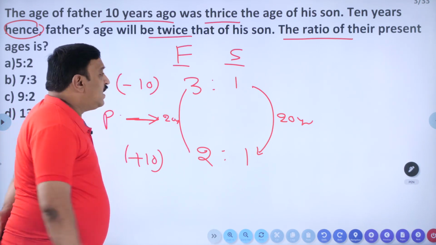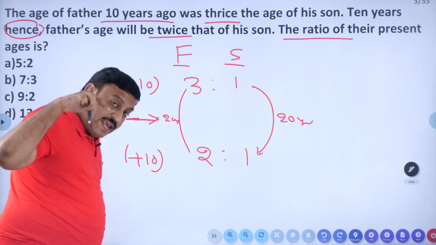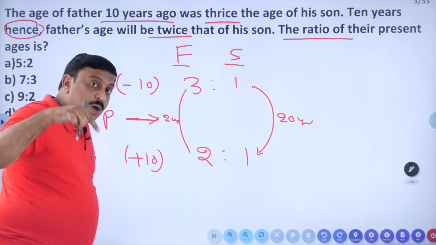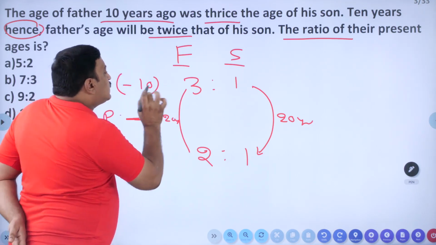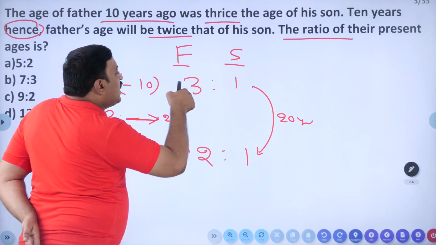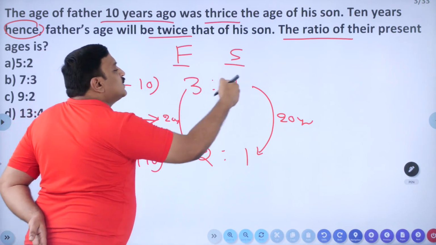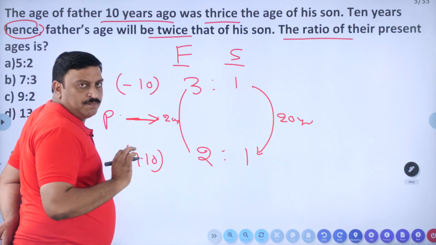We can find out present ages. How to find out present ages, not present ratio? Present ages can be calculated by finding their ages 10 years ago, then adding 10 for both of them.